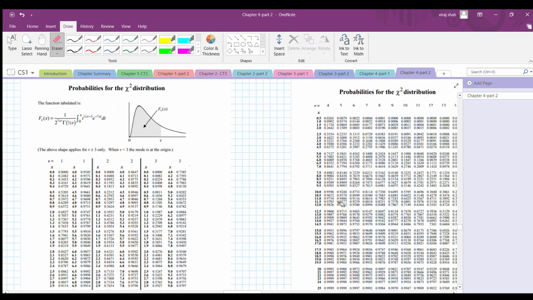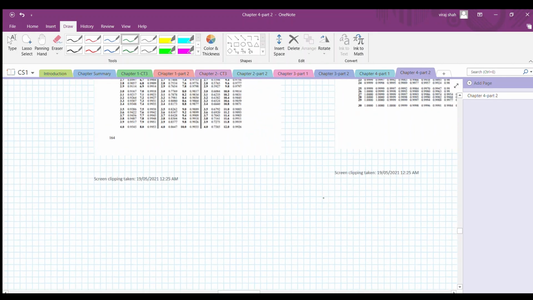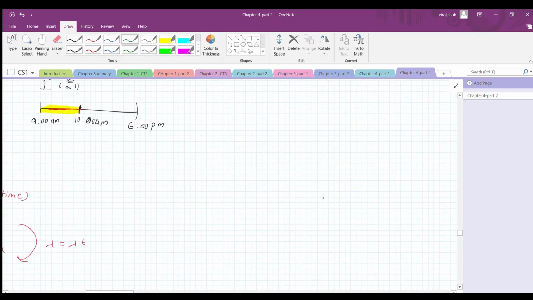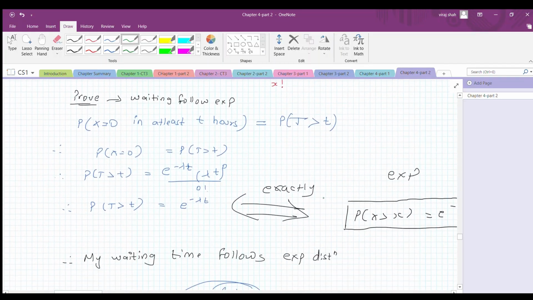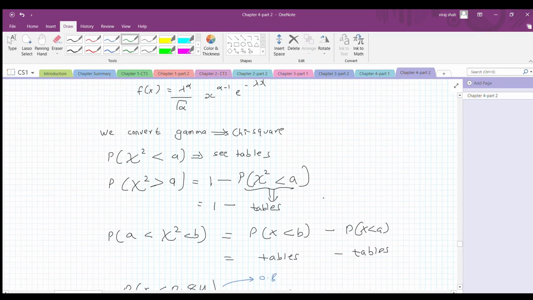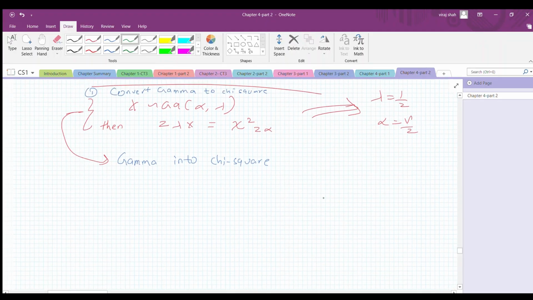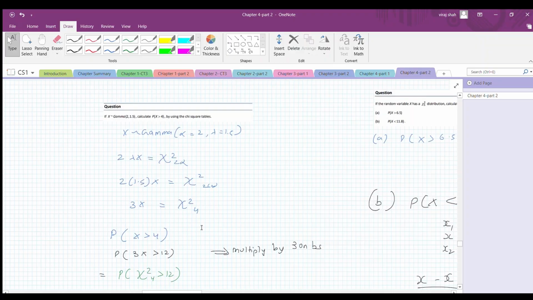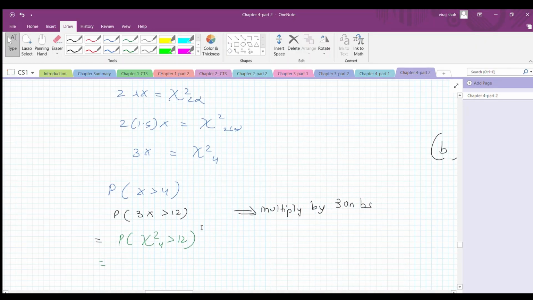I have been given the less than probability. Do not forget, okay, guys? And I am asked greater than, and the table answer is less than.